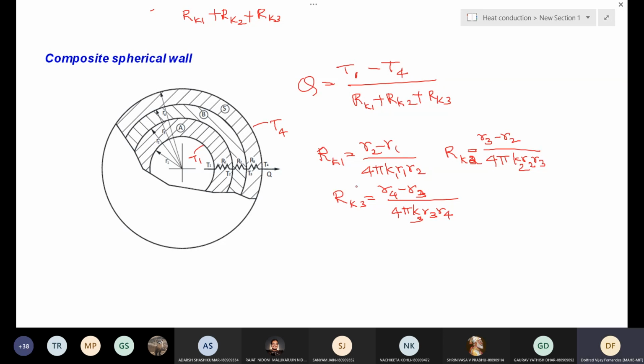In a spherical vessel we don't have stress concentration points, and there is uniform stress in the wall. That is why we go for spherical storage vessels.